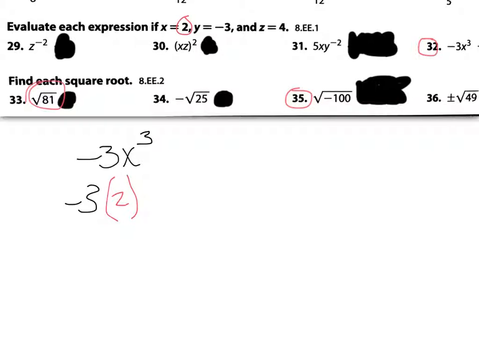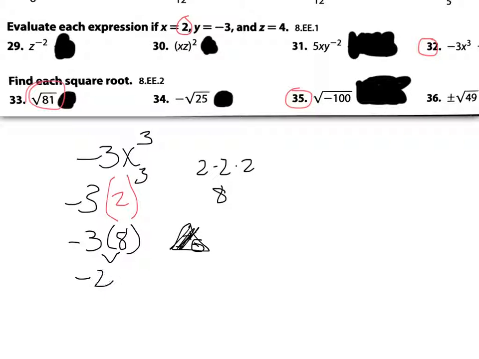Okay, to the third power. We always do exponents first, so 2 to the third, that means 2 times 2 times 2. 2 times 2 is 4, times 2 is 8. So we have -3 times 8. Negative times a positive is a negative, so we have negative 3 times 8 is -24.